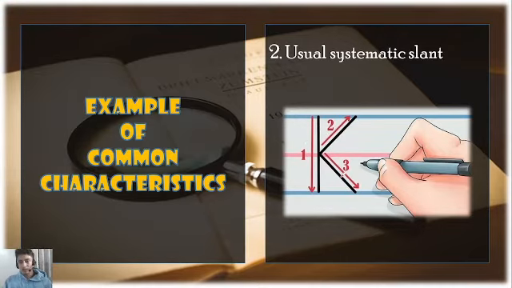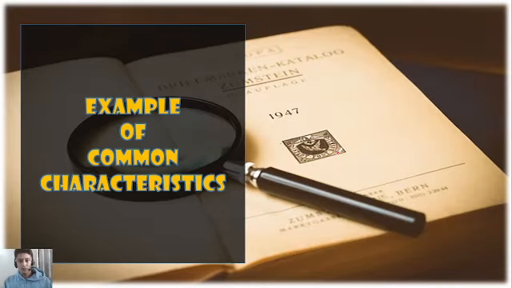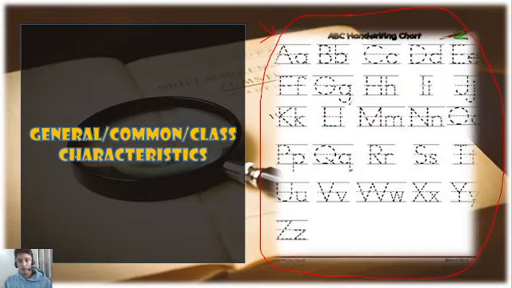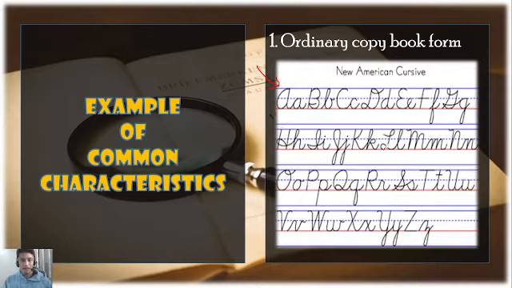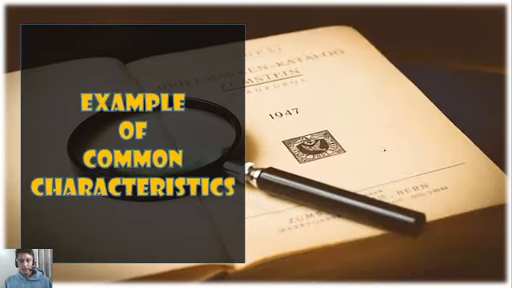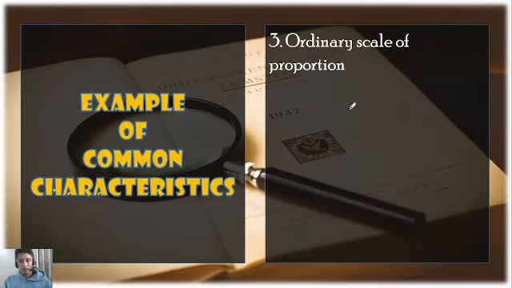It's not on the left slant, or slant sloping to the left and right. So with that, we have usual systematic slant. So that is why when we are still learning how to write, we have the imaginary lines for us to follow the correct slant or the standard slants of a handwriting.